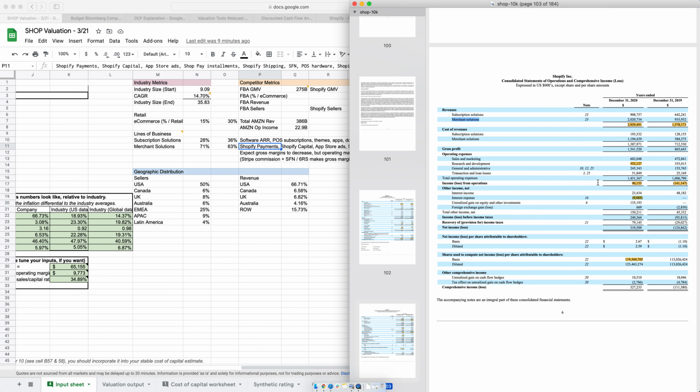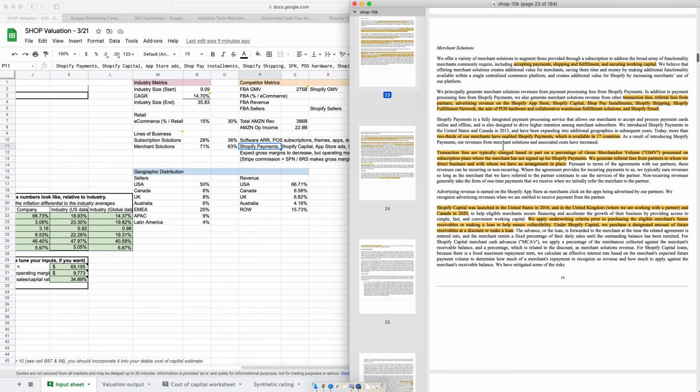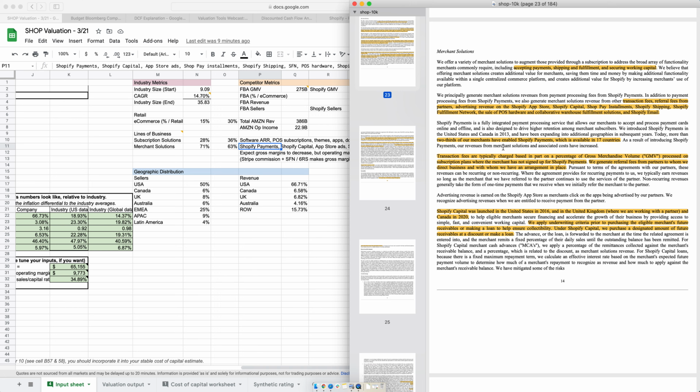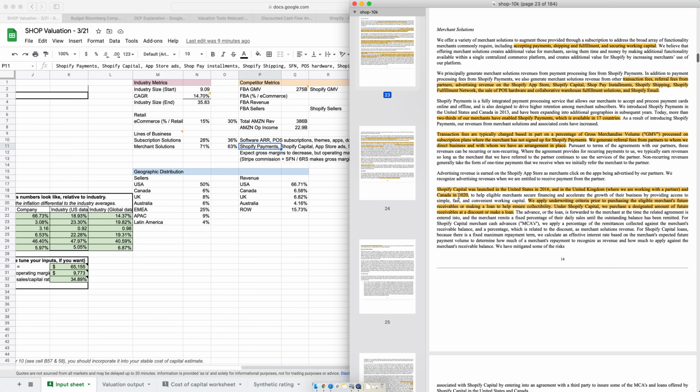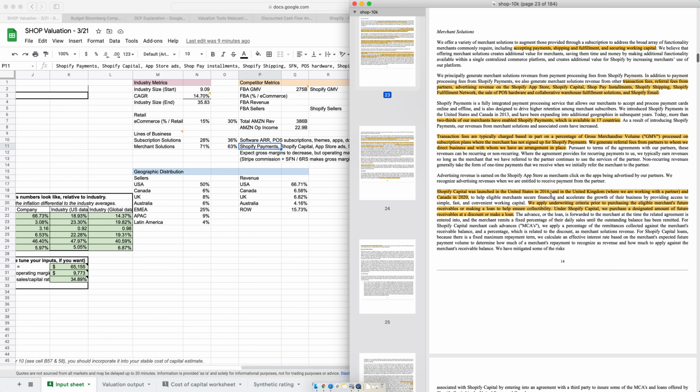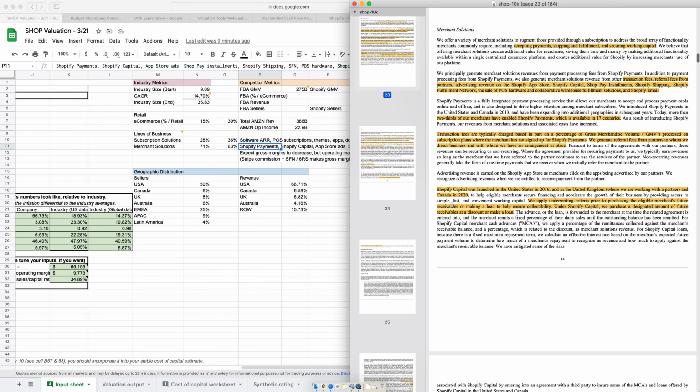One thing, the reason I call that out is one thing that I saw, I have to look for this, page 23. Okay, so one thing that I noted was they were very clear about when all these different initiatives launched. So Capital was launched in 2016. They're only currently in the UK and in Canada.